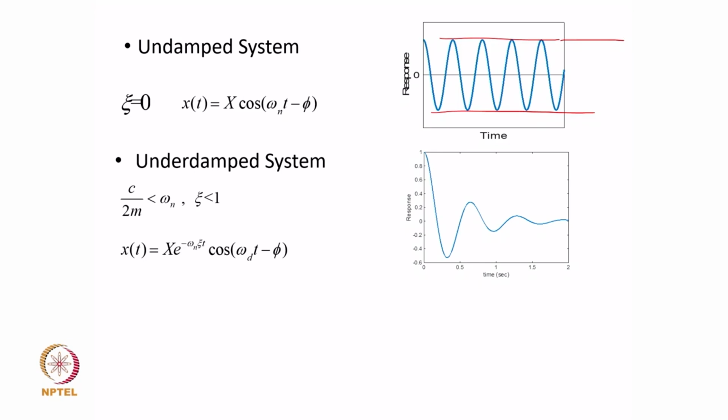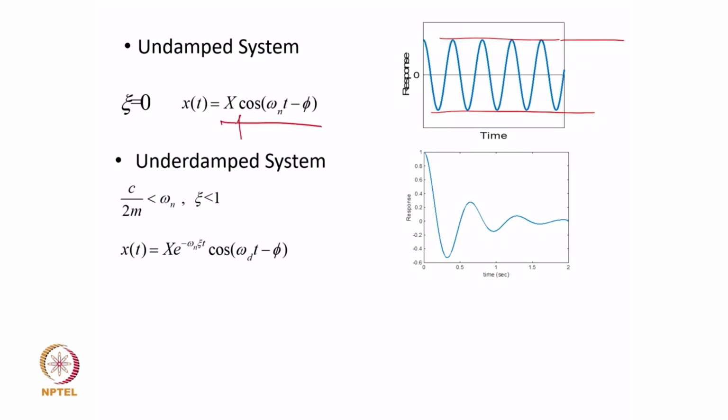It of course is an ideal case, because we know that in a practical vibratory system there would be some damping all the time, and therefore, this eventually will lose energy and the amplitudes will fall. But theoretically, an undamped system is expected to have a constant amplitude, as you can see here.